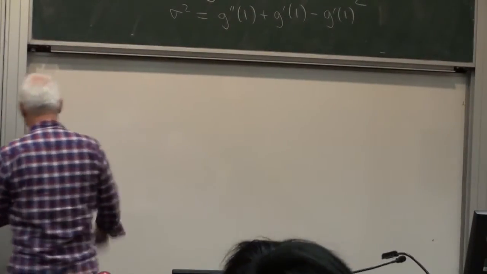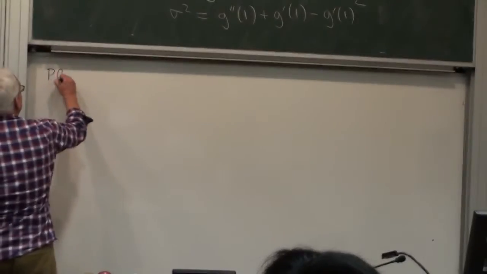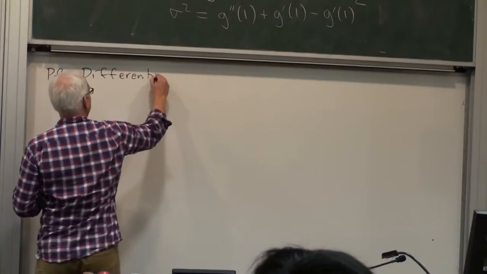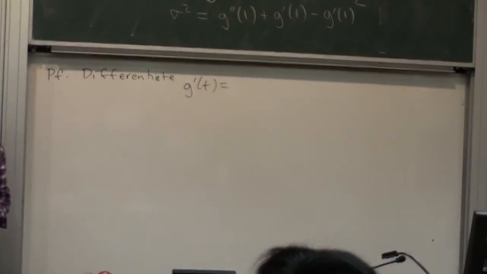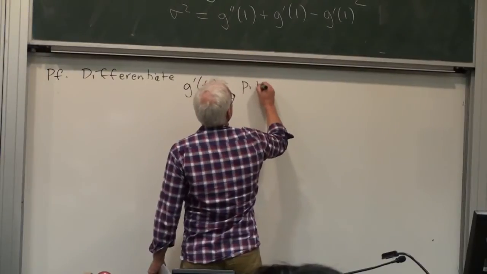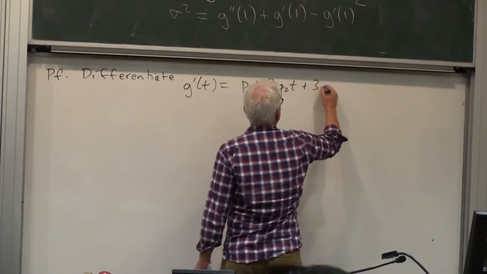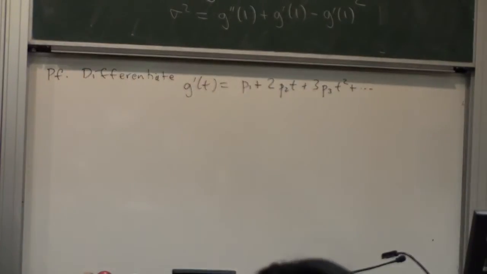All right, let's have a look at why this is. So proof: differentiate, and we get g prime of t equals, we just differentiate the series for g of t. The derivative of p0 is 0, and then we're going to get p1 plus 2p2 times t plus 3p3 t squared, and so on. Just the derivative of this polynomial, or maybe it's an infinite power series.